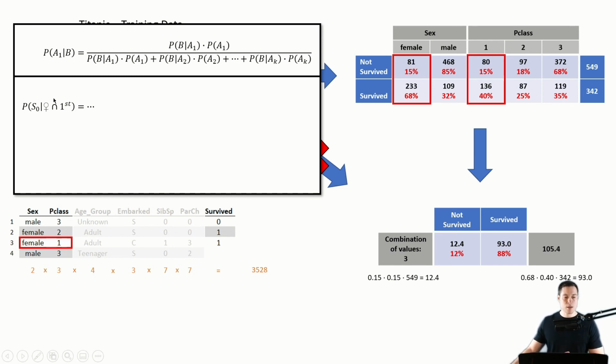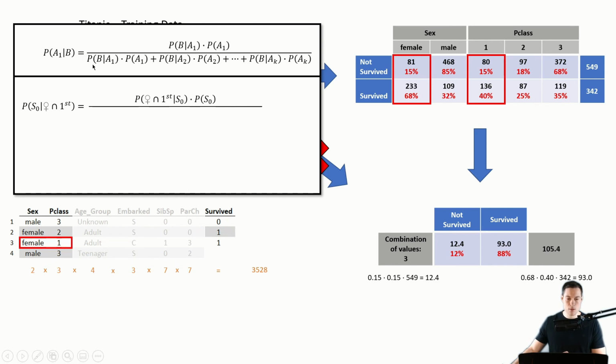So now let's use those symbols and apply them to Bayes' theorem here. So we're going to start with the numerator. There we simply have to switch things around. So here we want the probability that the passenger is female and travels in first class, given that the passenger did not survive, and that we multiply with the probability that the passenger did not survive.